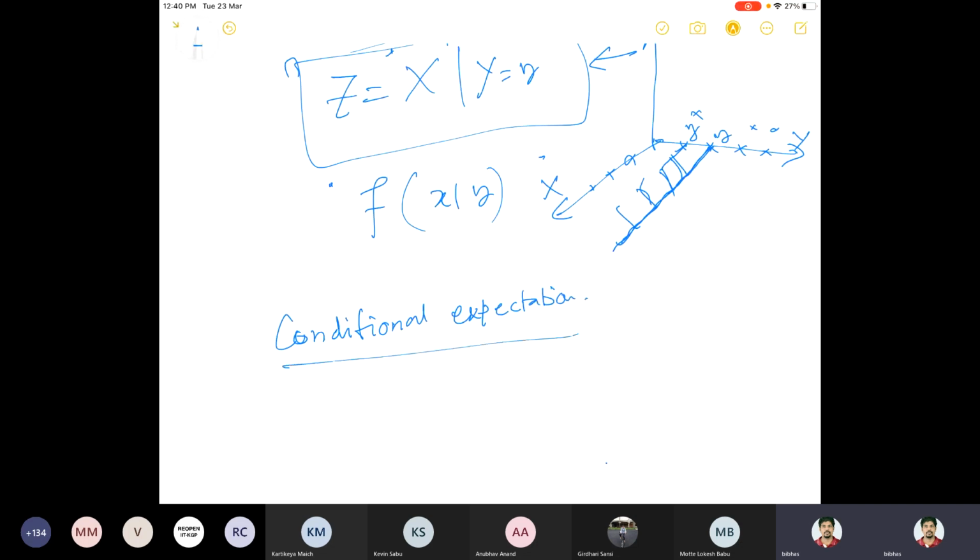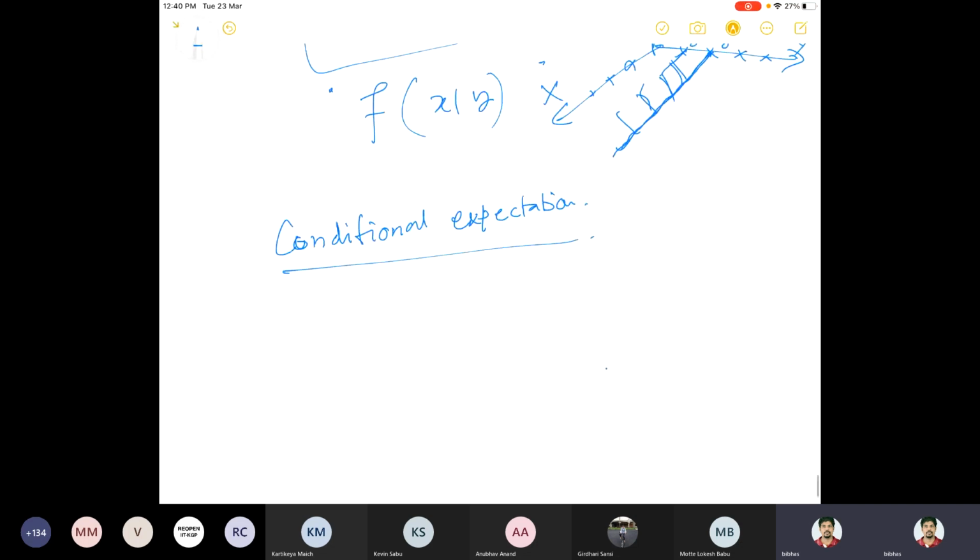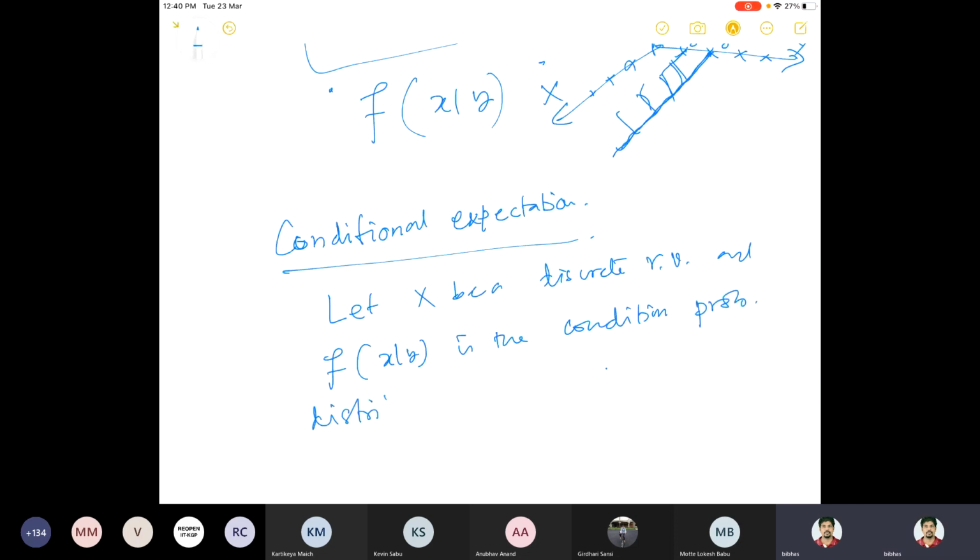Okay, so let us first introduce this for a discrete random variable. So let x be a discrete random variable, and let's say f of x given y is the conditional PDF or probability distribution of x given y equal to y.